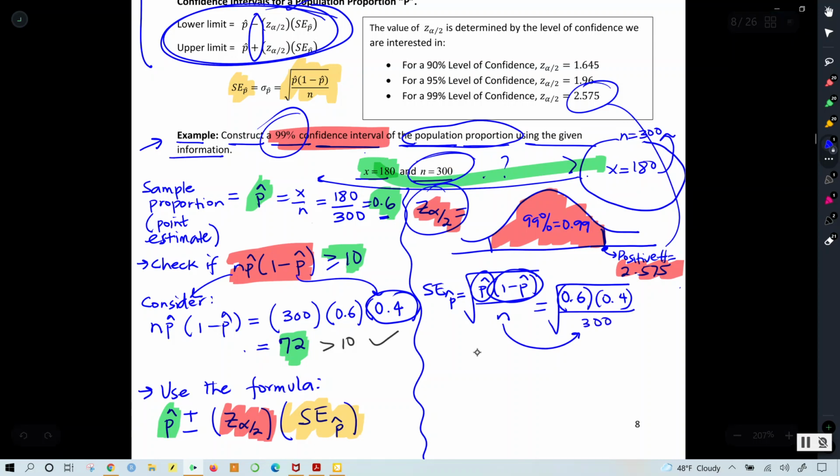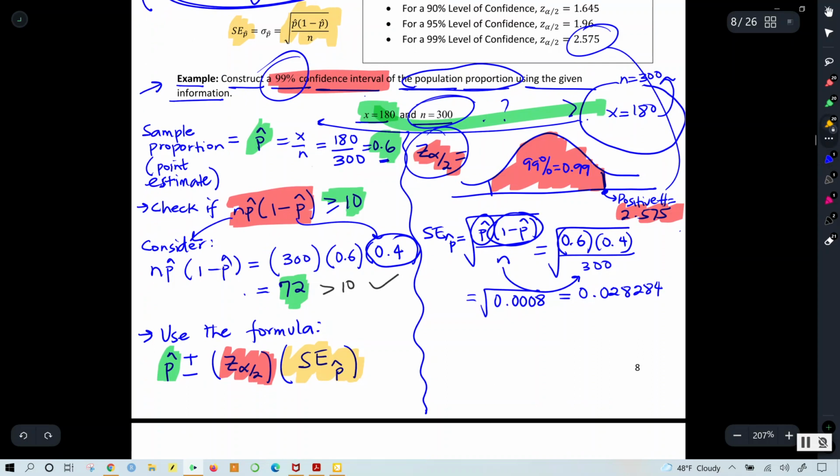So this will be the square root of 0.0008, which is equal to 0.028284. So now at this point, I have the standard error as well.